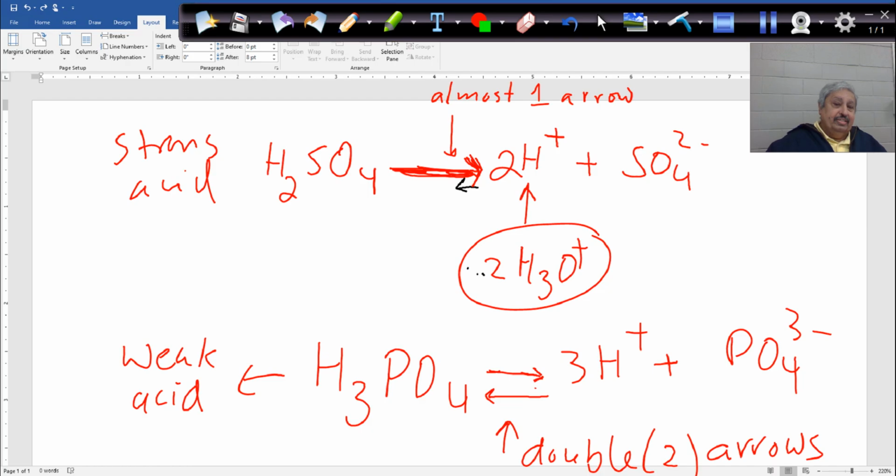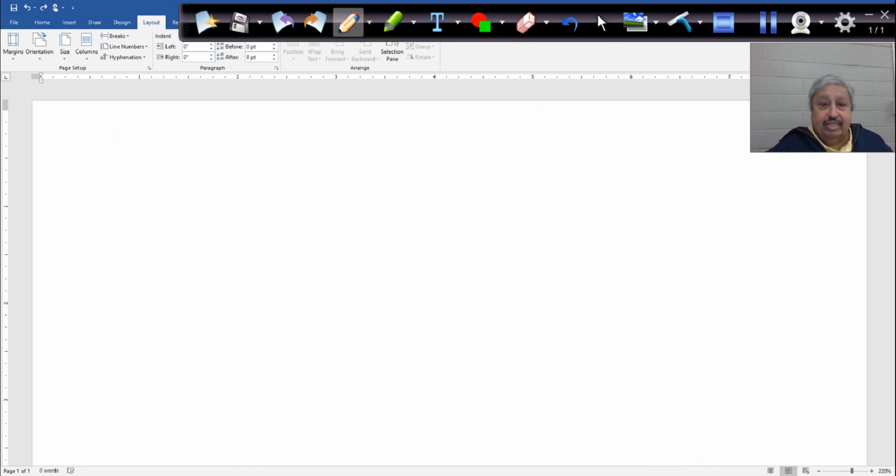So this is the same thing if I look at the bases. We'll have a double arrow if it's weak, one arrow if it's strong. So let's take the bases and look at the whole thing. Everybody has it? Okay, let's look at the bases.